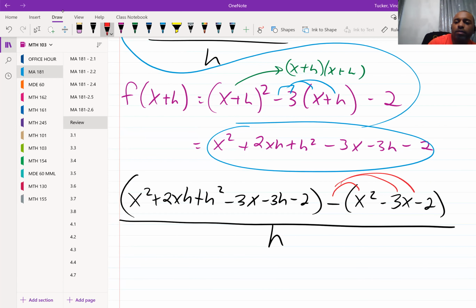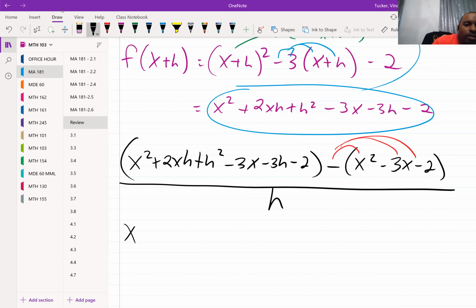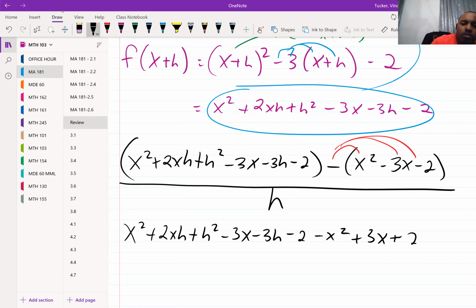Distribute this negative. I'll go ahead and write it all out again, just to make sure everything's okay. Now what's supposed to happen is that every term in the numerator that does not have h should cancel out.